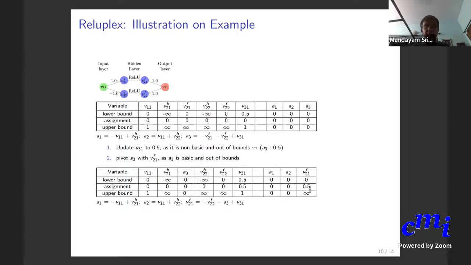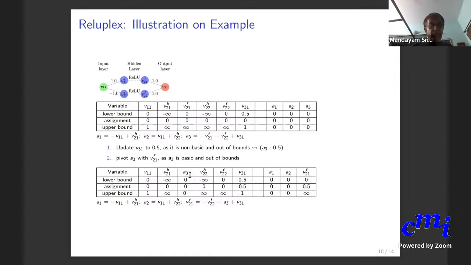V21 of f will get set to 0.5, and as a result of pivoting, V21 of f becomes basic and A3 becomes a non-basic variable.